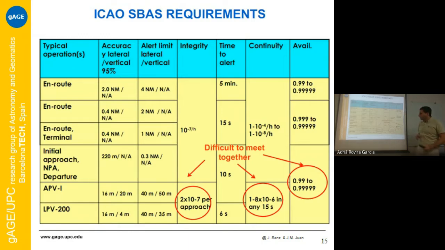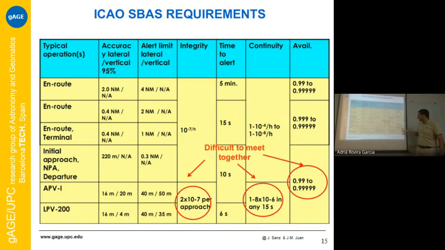For this LPV 200, the most demanding phase, we have a few meters of accuracy, 6 seconds of time to alert, and this very high availability requirement. You can see the famous 5 nines.